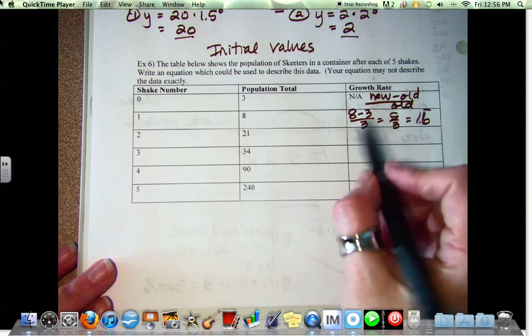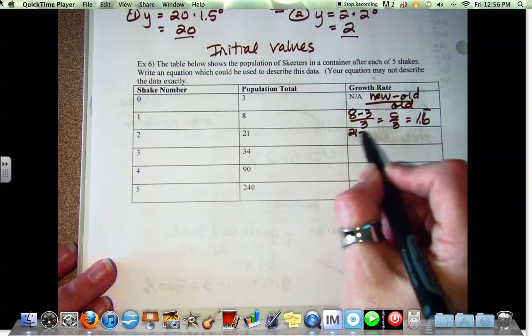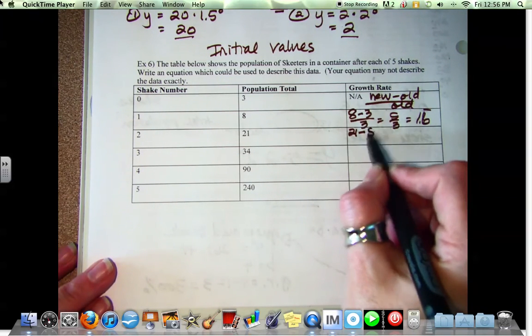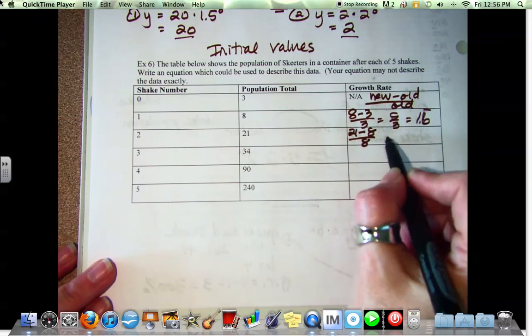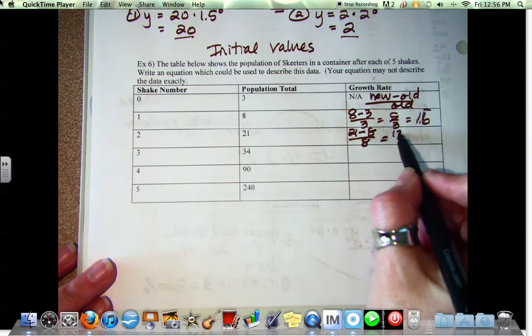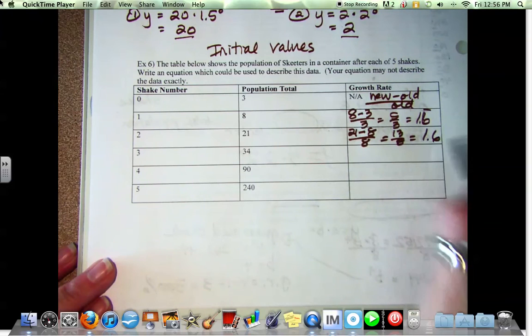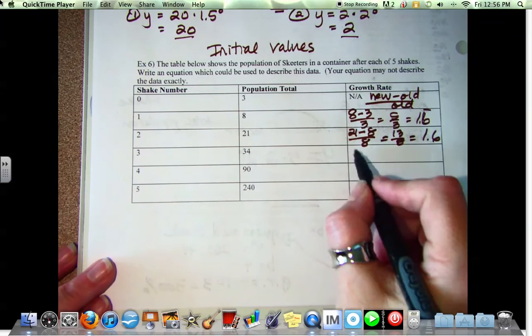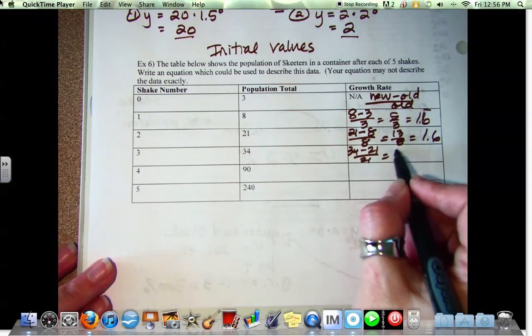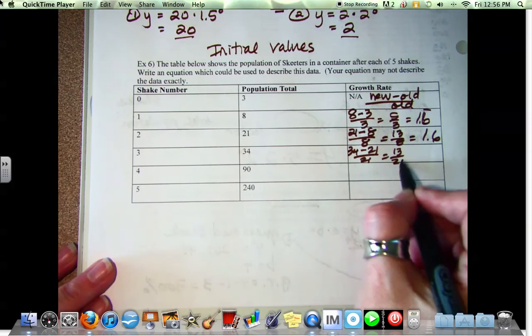Shake 2, what's our new? Minus our old, which is 8, divided by 8. We have 13 over 8. 34 minus 21 divided by 21 gives us 13 over 21.